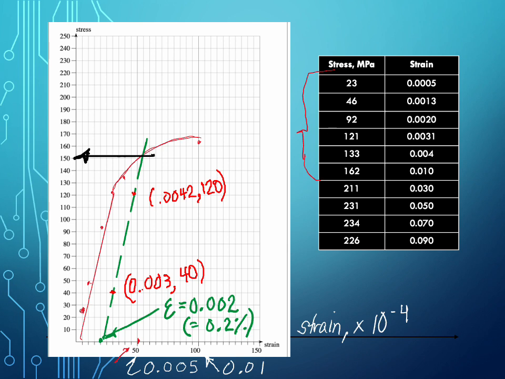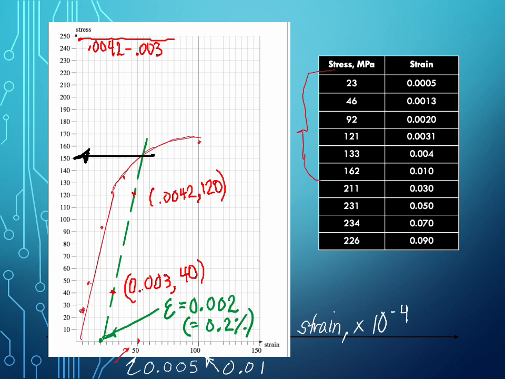So modulus is the change in stress over the change in strain. So I've got 0.0042 minus 0.003. That's a change in strain.